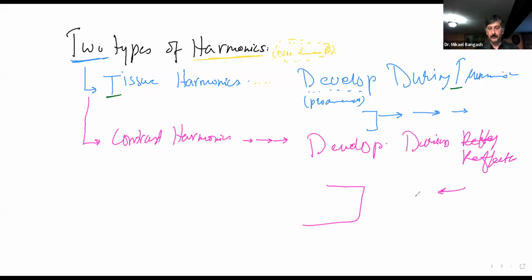That's when those sound waves are returning back from the tissues, or in this case, most likely the contrast agent. As those sound waves that have hit the contrast agent return back, that's the reflection. It's during that phase that your contrast harmonics develop.